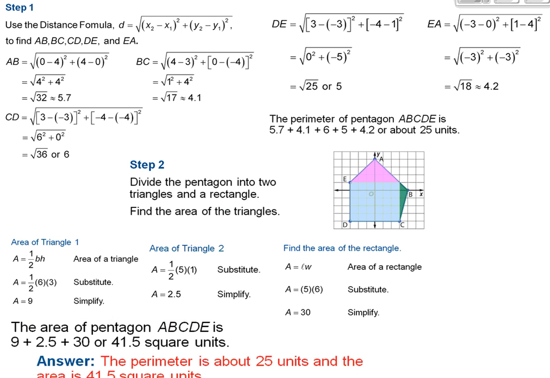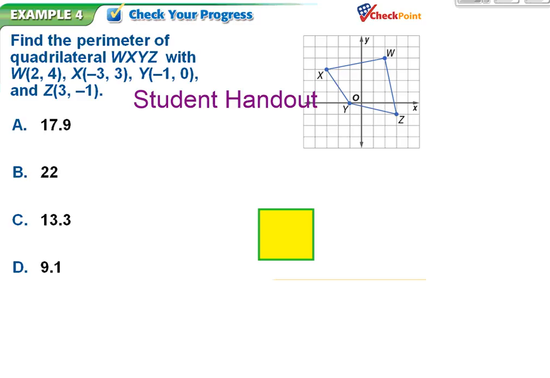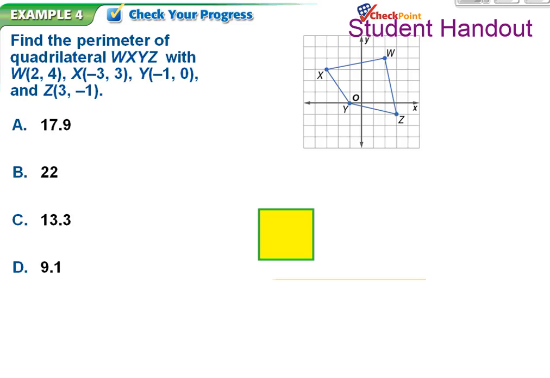Now, here's all that problem worked out. It'll be on my Yola site as you look at that. Now, the next thing I'd like you to do is take some time, and on that handout, you are finding the perimeter of this quadrilateral, and you're using the distance formula as you go.